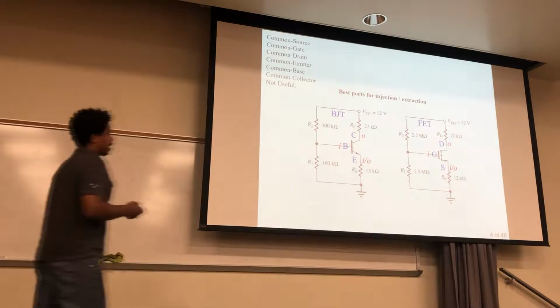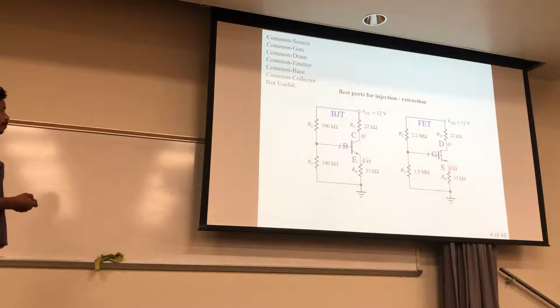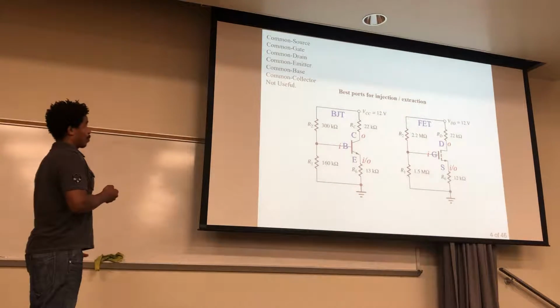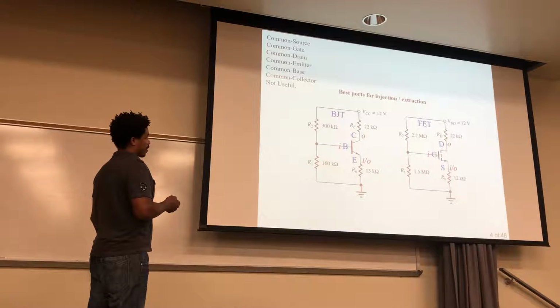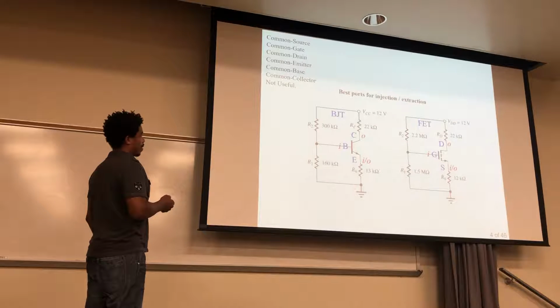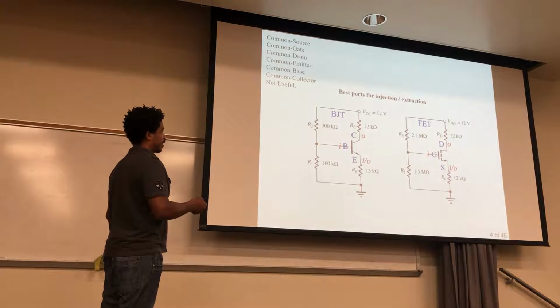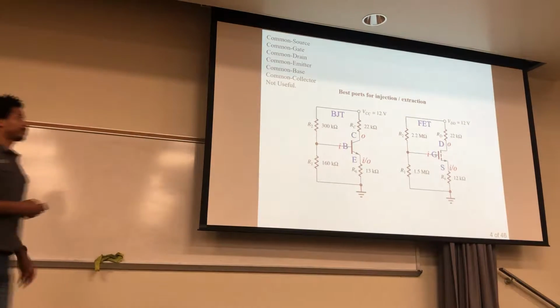We'll look at which ones are either of these or which ones are not useful. What we mean by not useful is if, for example, we try to assign an output for the base, or we try to assign the drain as an input, then that would be not useful.